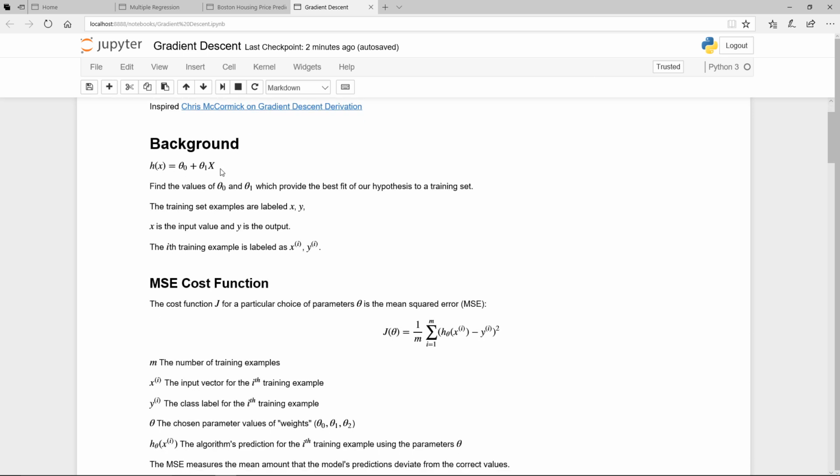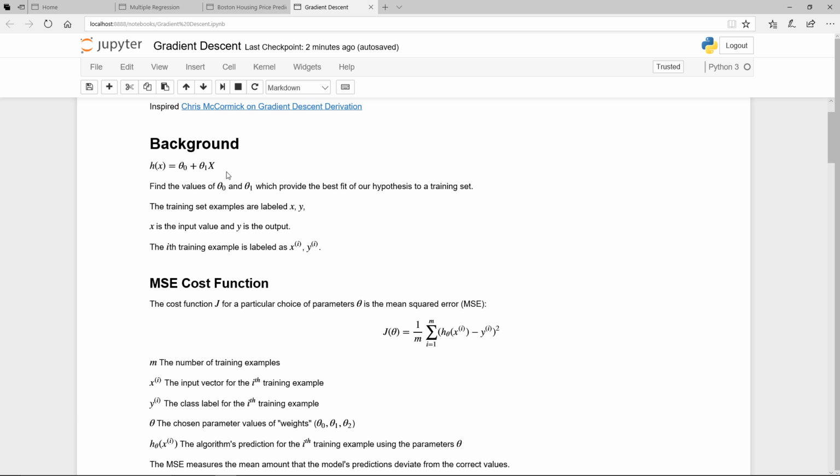Now, typically when you look at linear regression, you have y or h(x), the function of x, equal to the intercept term plus a coefficient multiplied by the independent variable. So you try to find the values of beta 0 and beta 1, in this case theta 0 and theta 1, which provide the best fit of our hypothesis to our training set.